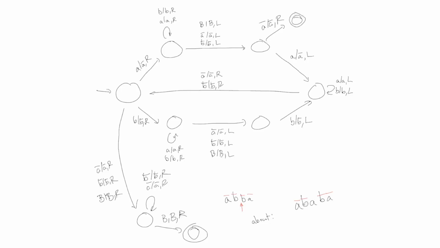That special accepting state is just to handle this case where there was one extra A in the middle. The only way that you could ever see an A bar right here is in exactly this situation.